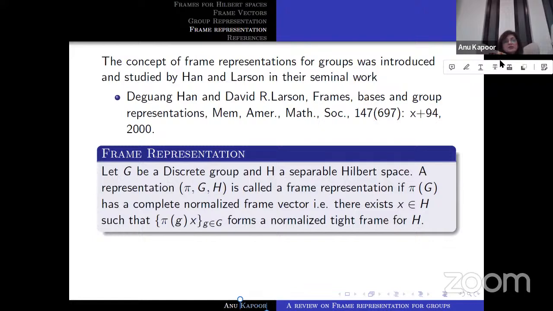This is a fixed vector and is generating a frame through the elements of G. And we can see that if I take a left regular representation, then we can generate the orthonormal basis for l2(G), where G is a discrete group, through the identity element of the Hilbert space H. So such frame vectors do exist.